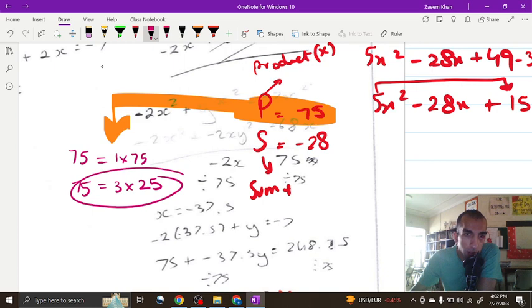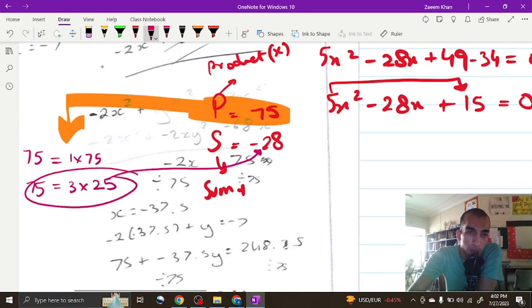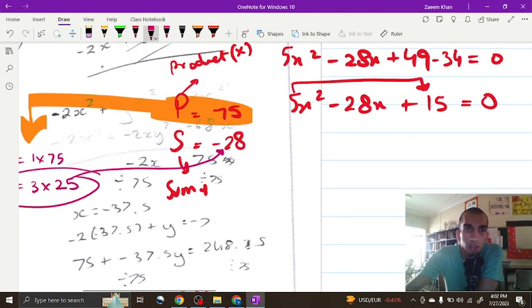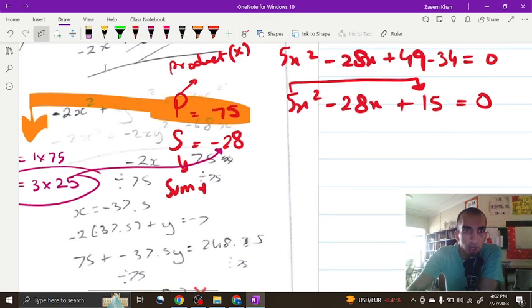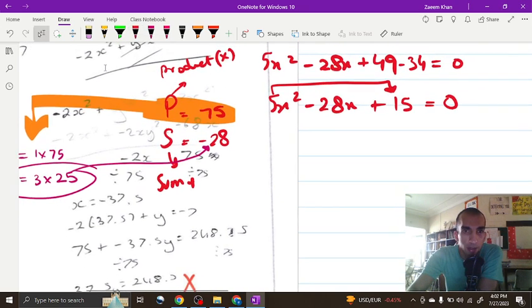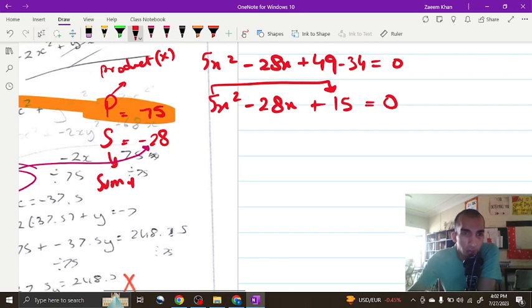Yes, it does. And this seems to be fitting our constraints over here. We need a sum of negative 28 and we need a product of 75.